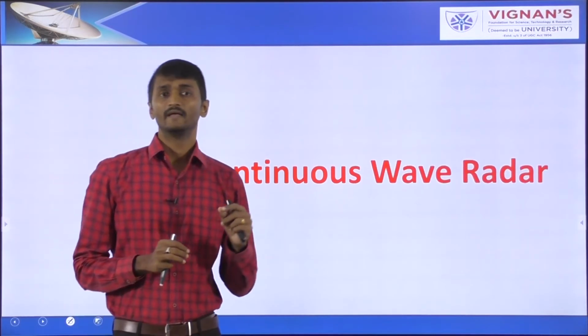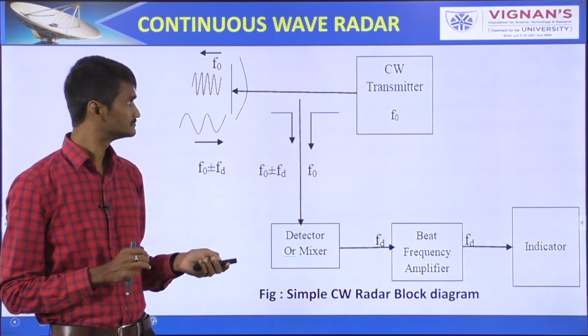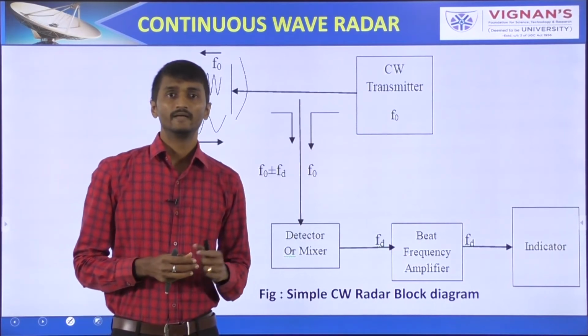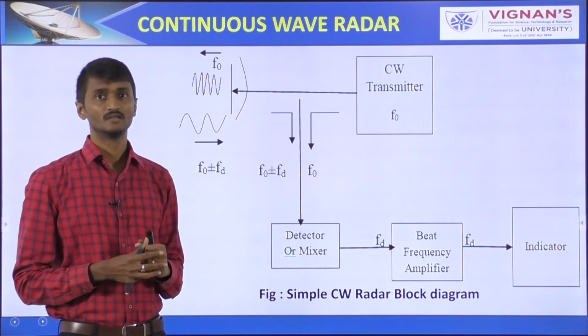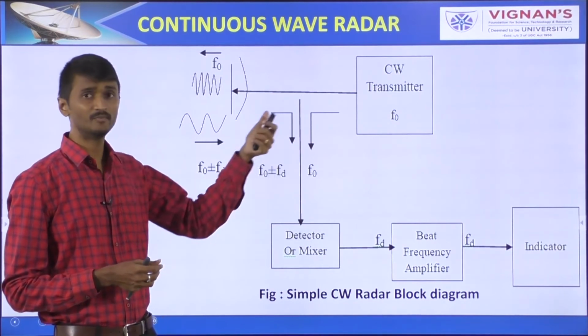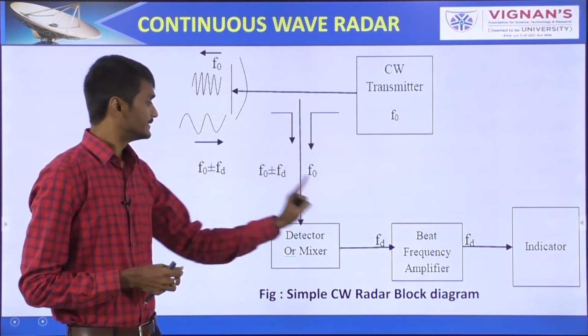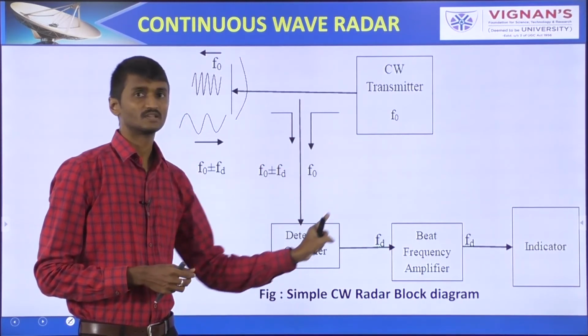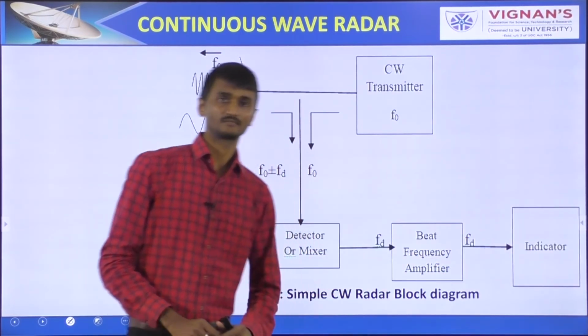Okay, a simple CW radar is shown in this figure. The CW radar consists of transmitter, detector, beat frequency amplifier and an indicator.